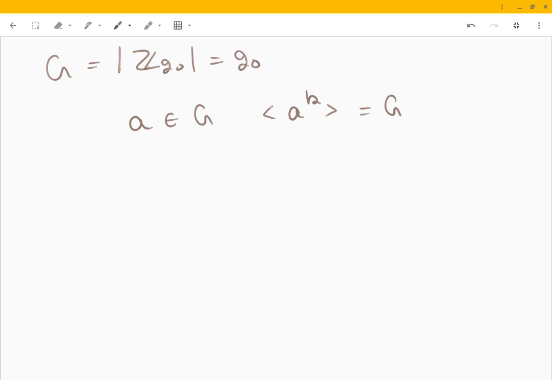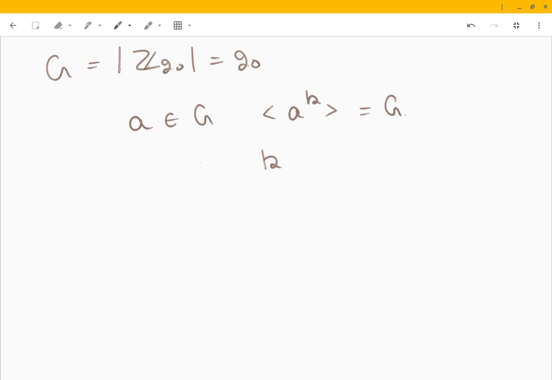Now order of Z20 is 20, right? And suppose A belongs to, I'll call this group G, suppose A belongs to G, then A to the power K would be a generator of this group.